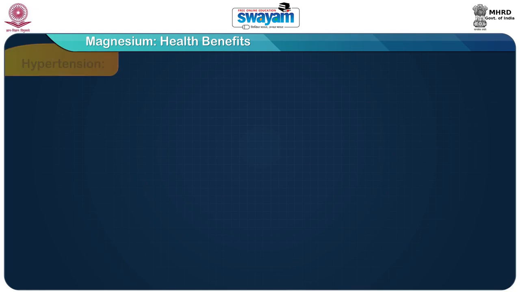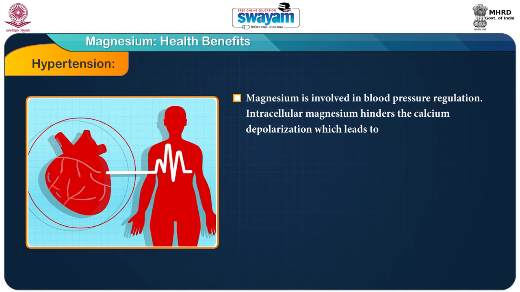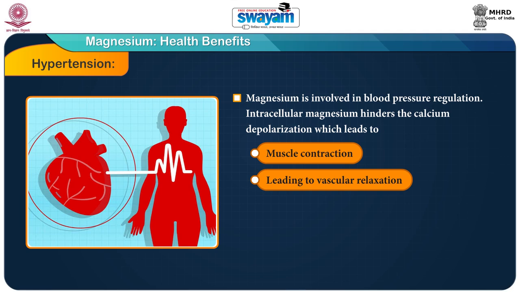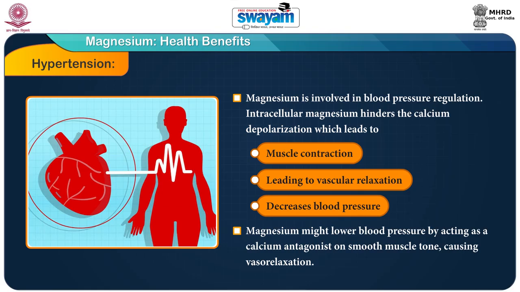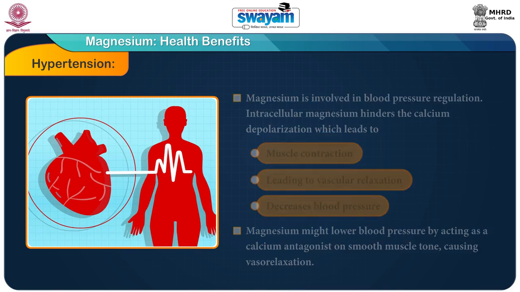Now, role of magnesium in hypertension. Magnesium is involved in blood pressure regulation. Intracellular magnesium hinders the calcium depolarization, which leads to muscle contraction, thereby leading to vascular relaxation, hence a decrease in blood pressure. Magnesium might lower blood pressure by acting as a calcium antagonist on smooth muscle tone, causing vasorelaxation.